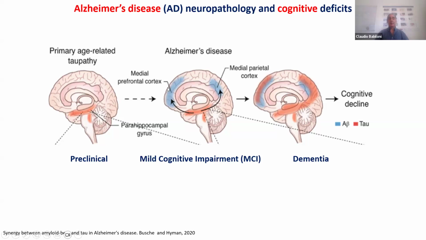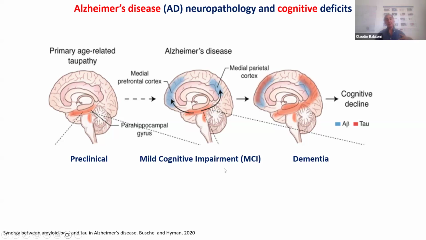And then you have an accumulation of amyloid beta and interaction with tauopathy, and the manifestation of mild cognitive impairment, in which you can measure some decline of memory or other functions, but people are autonomous, are independent, can drive the car, can take care of the children, and can do shopping and so on.